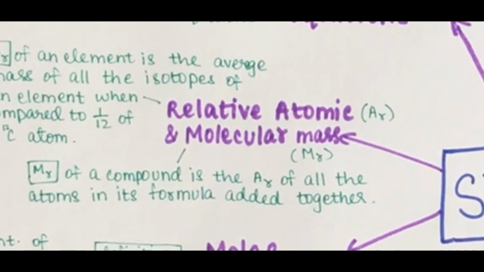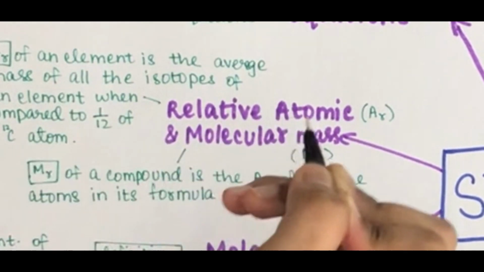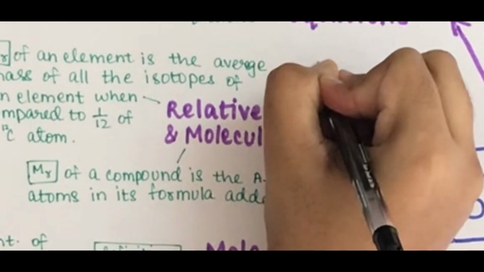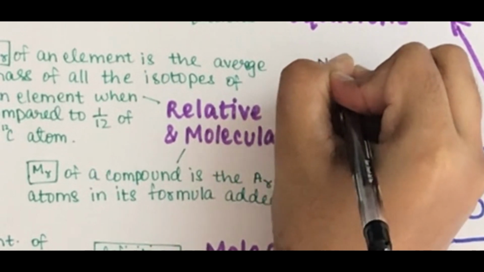Now if we take for example the Ar of chlorine, it is 35.5 because it is the average of the isotopes of chlorine 35 and chlorine 37. And if we need to work out the Mr of a compound, for example, if we take ammonia, ammonia is NH3.